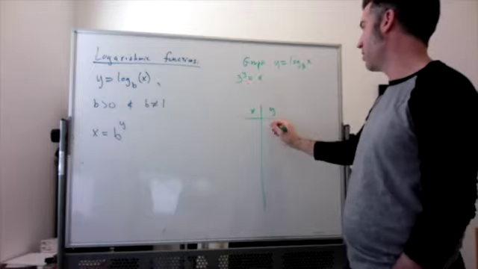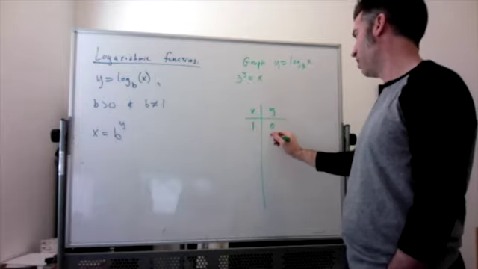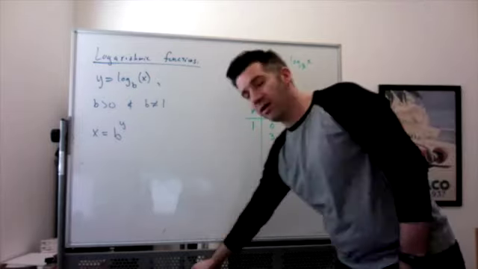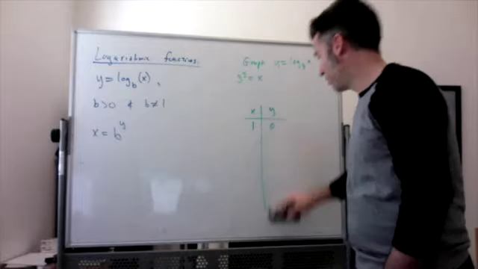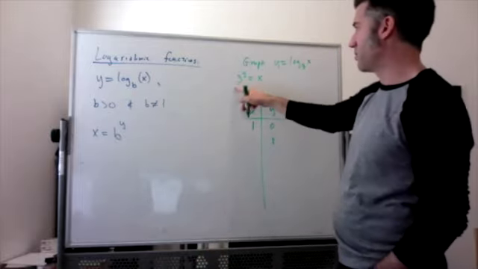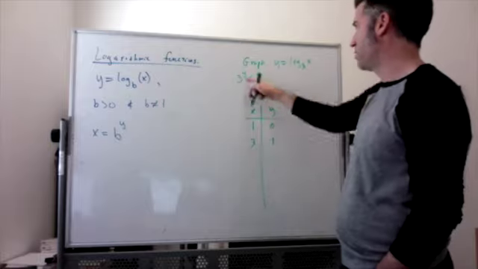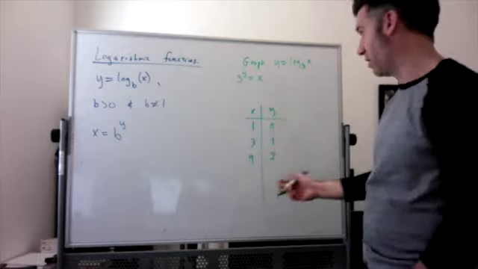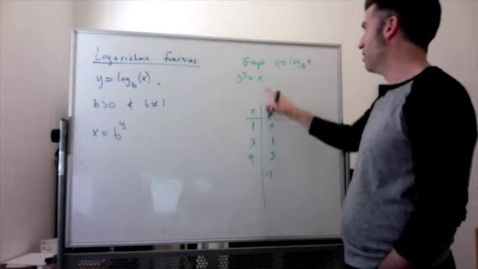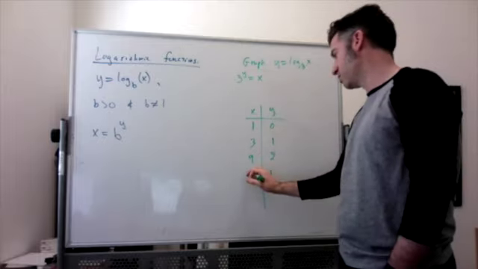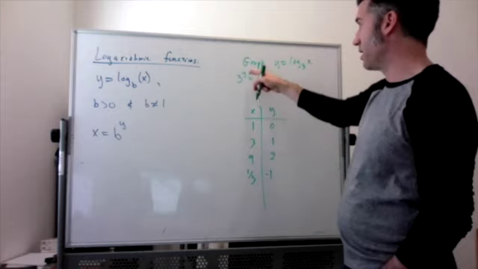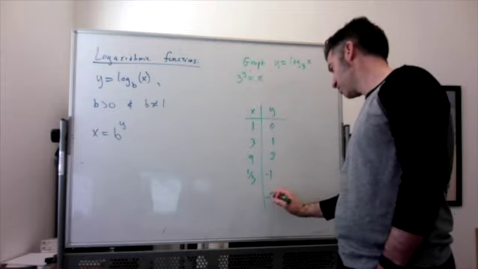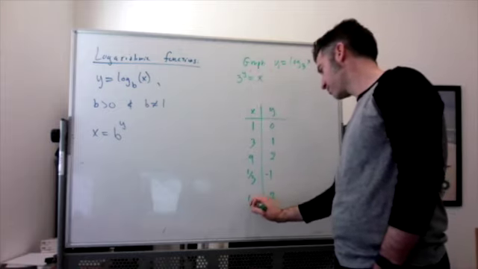If y is 0, x is 1. If y is 1, x is 3 to the 1. If y is 2, x is 3 to the 2. And negative numbers too: if y is negative 1, x is 3 to the negative 1, which is 1/3. If y is negative 2, x is 3 to the negative 2, it's 1/9.